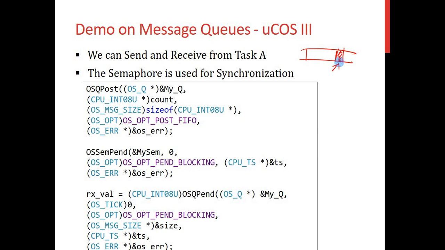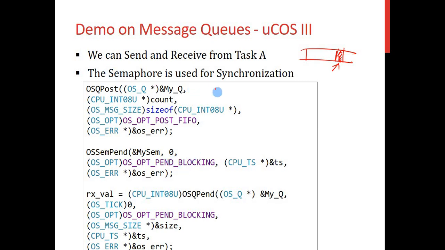After that, I do a sem pend, because I want to wait for the message to be read and I want to get a notification that the message has been read. So I do a sem pend to see if the message has already been read by the other task.